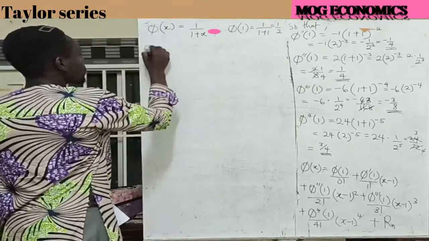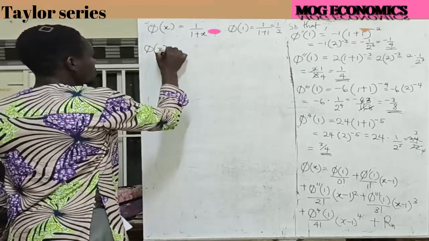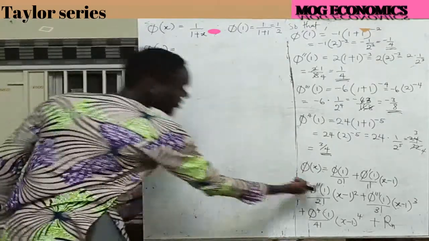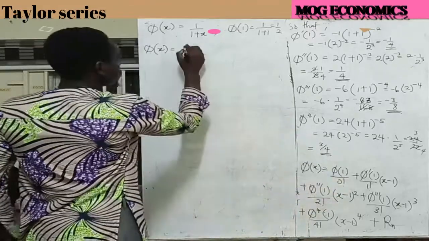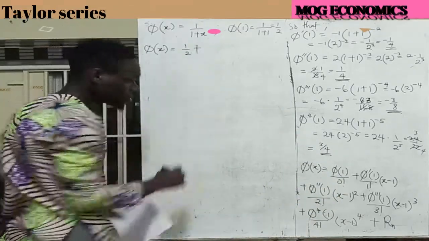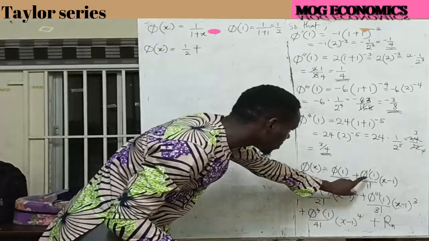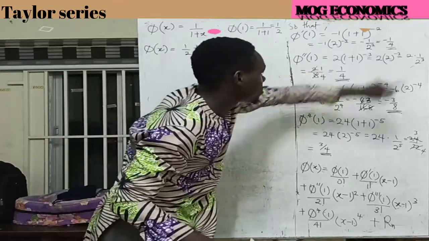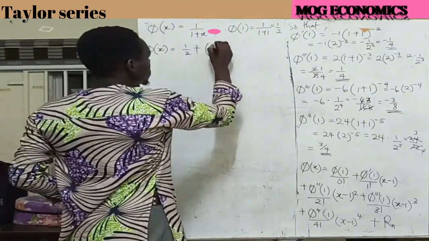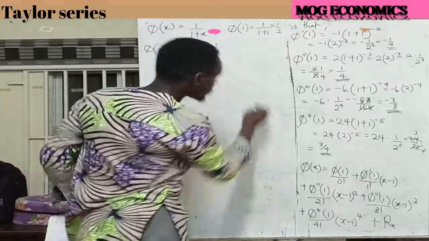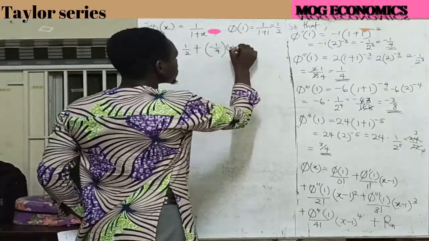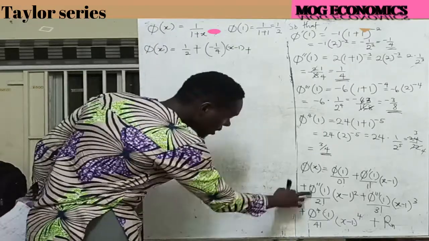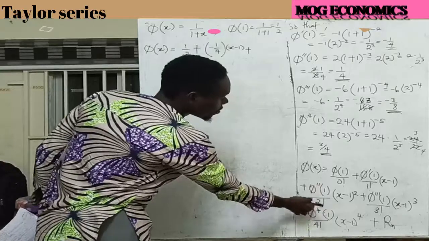So now from here, this is 1 over 2, because this automatically is 1. So this is 1 over 2 plus this prime 1. The result from here is minus 1 over 4, x minus 1, then plus the second derivative, prime 1 over 2.